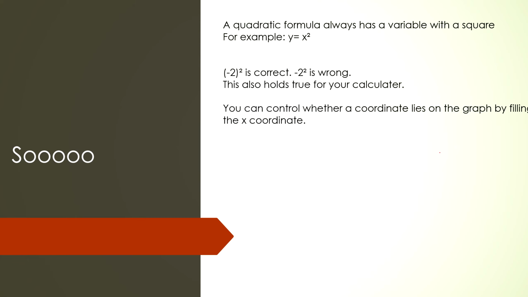Well, the subtle difference here, if I can find my mouse. What this means is minus 2 in brackets to the power of 2, so minus 2 times minus 2. Well, we know minus times minus equals plus, so minus 2 times minus 2 equals 4.